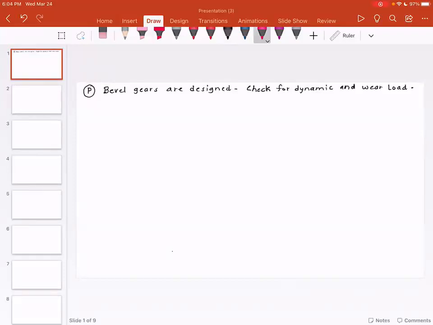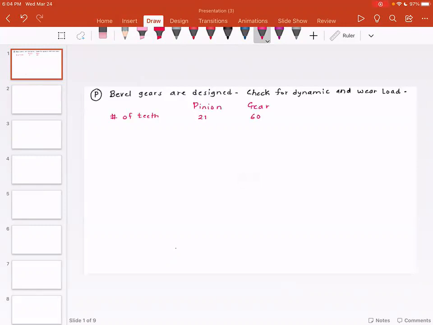The properties of the gear and pinion are: you have pinion, you have gear, number of teeth on pinion are 21, number of teeth on gear are 60. Material for pinion is steel and for gear cast iron.